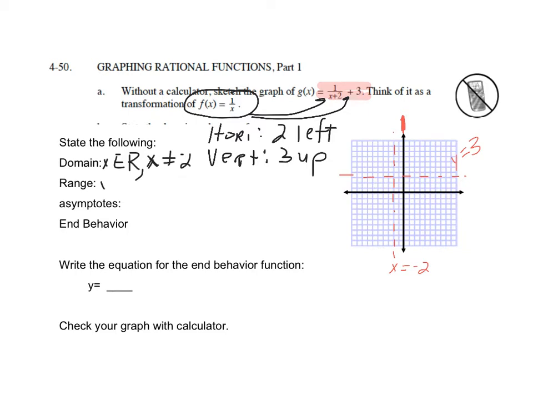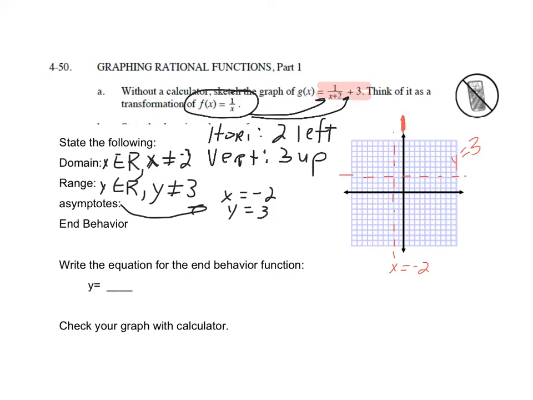In the range, y is going to be an element of the reals, but y cannot equal 3. My asymptotes, well, I've already listed those. That's at x equaling -2 and y equaling 3.